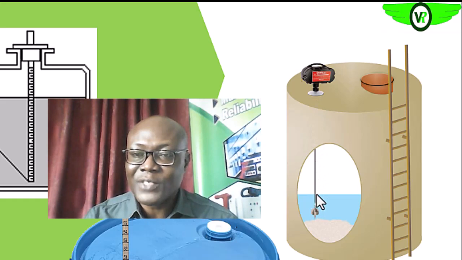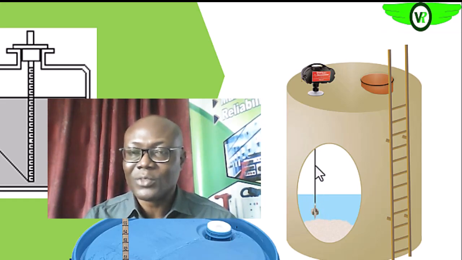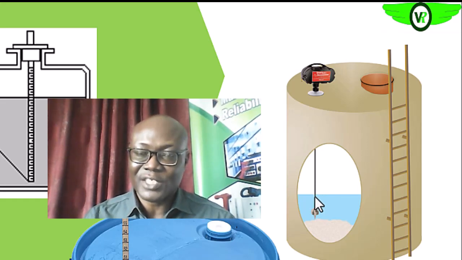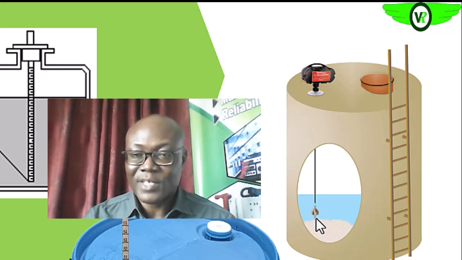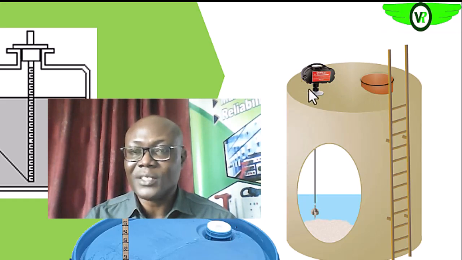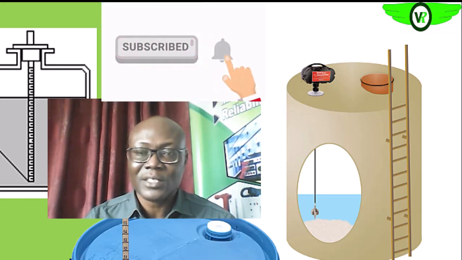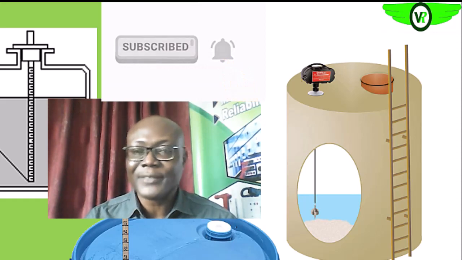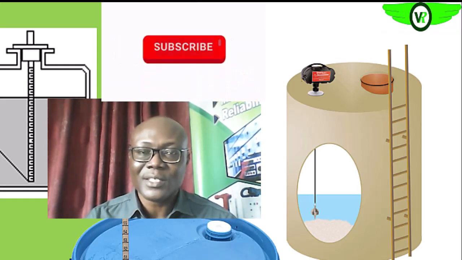So the mark on it, together with the length of this plumb ball, will give us, as you pull it out, a direct reading of the level of the fluid in the tank. So in doing this, you need to go up the vessel, the tank, to carry out these measurements. Are we getting it? So these are the direct or manual level sensing or gauging methods.